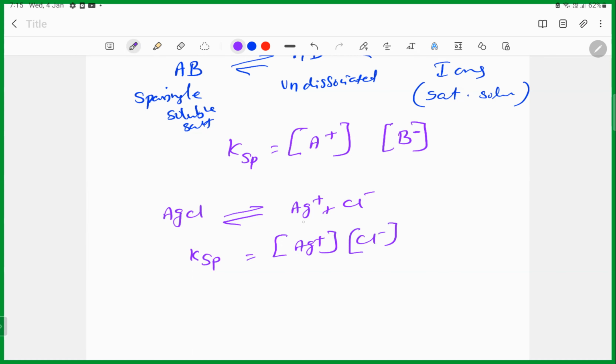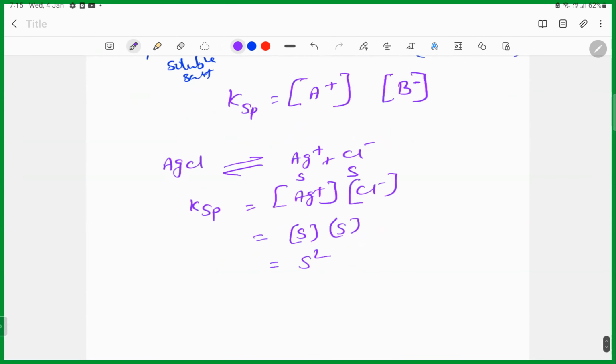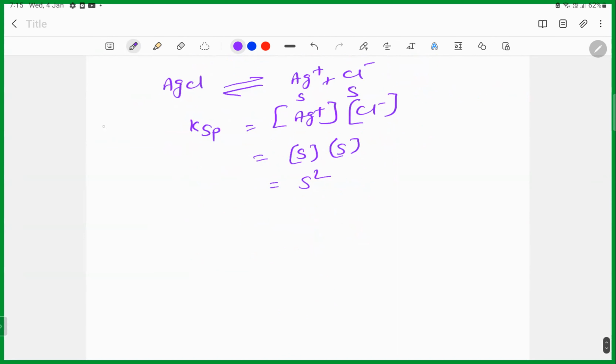If you take S moles of this and S moles of this, then it becomes S into S, that is S square. So for an AB type salt, the solubility product KSP becomes S square, so the solubility is equal to root of KSP.